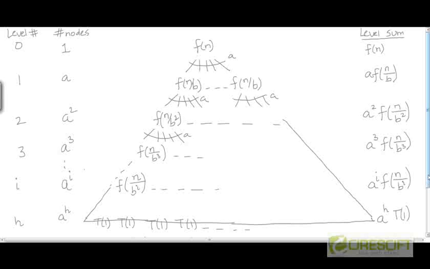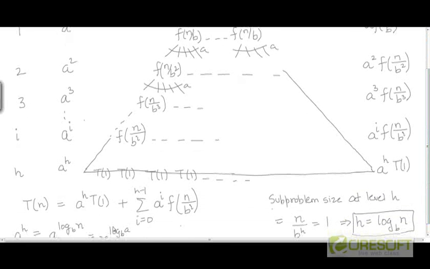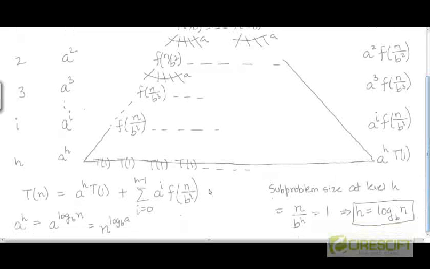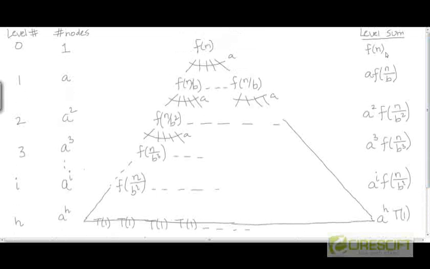In which case, you will expect that the last term, which is n to the power log of a base b multiplied by t of 1, or a to the power h times t of 1, is going to be a lower order term compared to the very first term f of n.